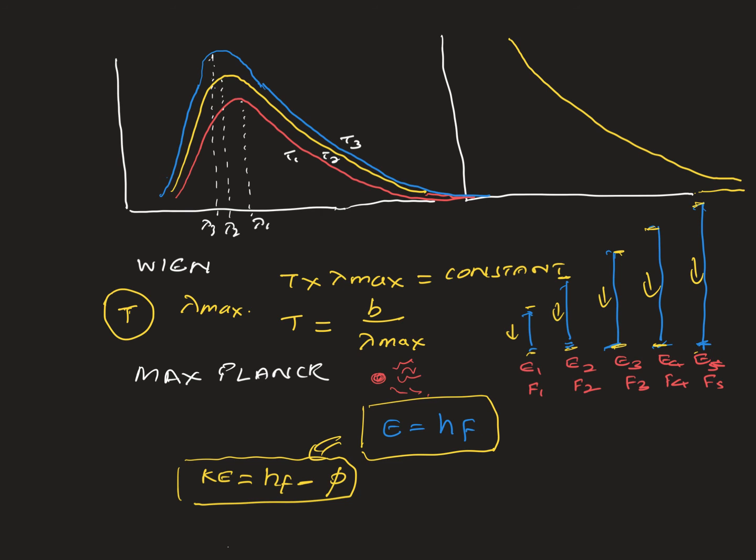The work function is equal to hf0, where f0 is the threshold frequency. So this is related, but Einstein basically got his Nobel Prize for demonstrating the quantum nature of light.